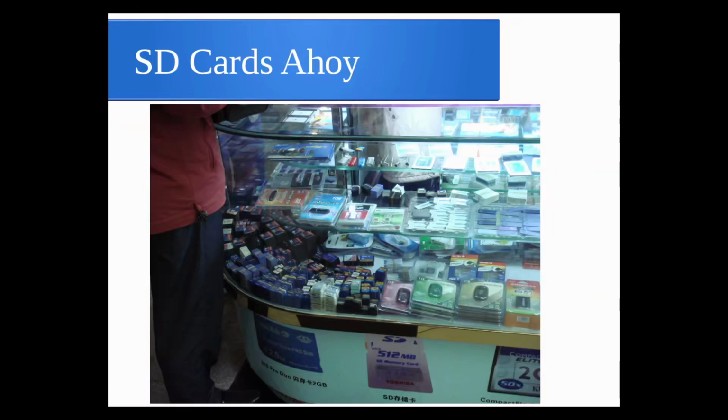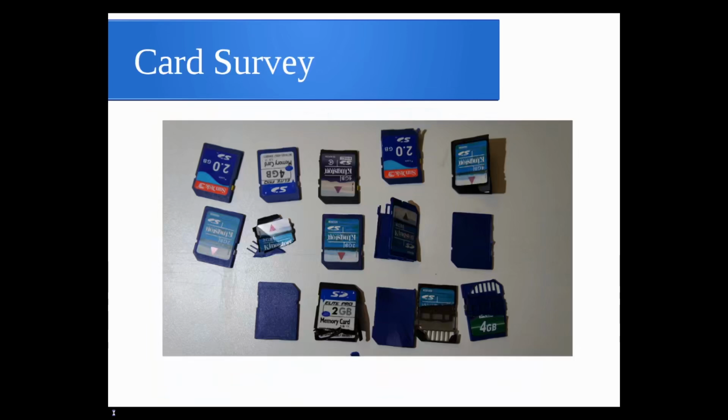So wandering on the market, there are little vendors here who sell lots and lots of SD cards of questionable origin. Lots of them are used cards or fake cards or whatever it is. This one's proudly advertising that it can give you a 512 megabyte SD card. Very exciting. And we bought a bunch of them and tore them apart.